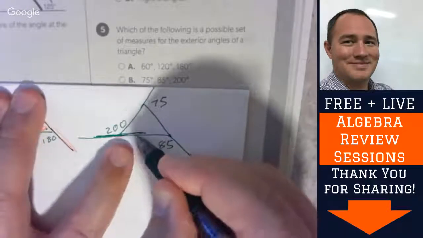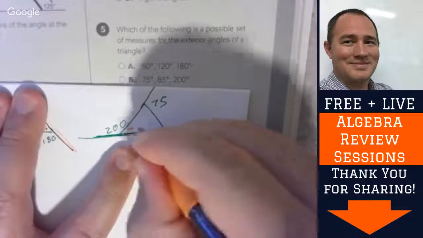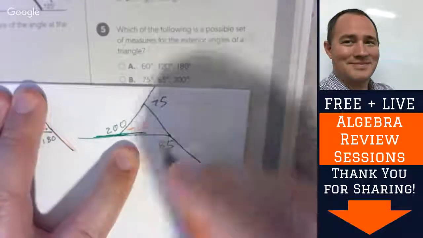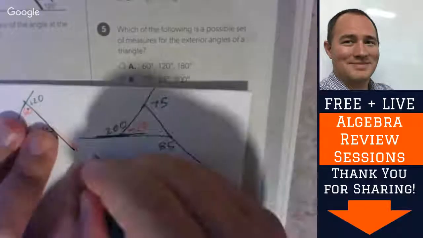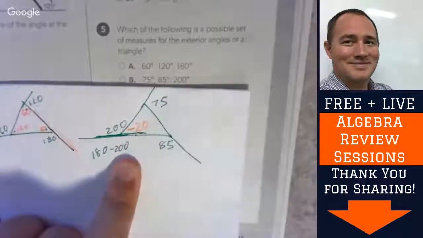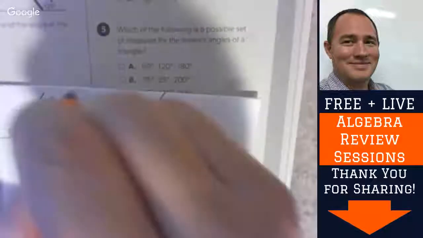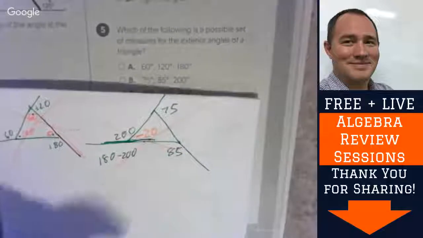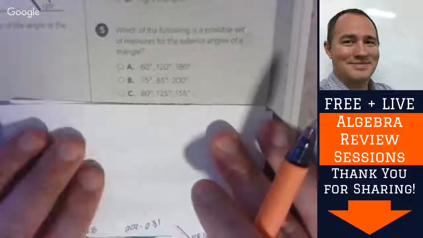So if we did 180 degrees minus 200 degrees, what would we have left? We would have negative 20 degrees for that angle, right? 180 minus 200 gives us negative 20. So this one doesn't work. The first combination didn't work. This one doesn't work. Let's see if we can get the next one to work.